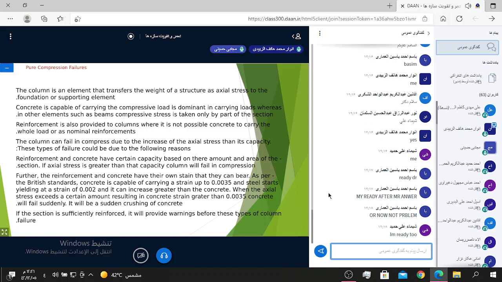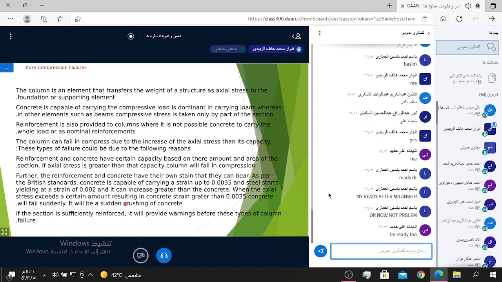Type 1, pure compression failure. The column is an element that transfers the weight of the structure as axial stress to the foundation or supporting element. Concrete is capable of carrying the compression load and is dominant in carrying load, whereas in other elements, such as beams, compressive stress is taken by only part of the section.